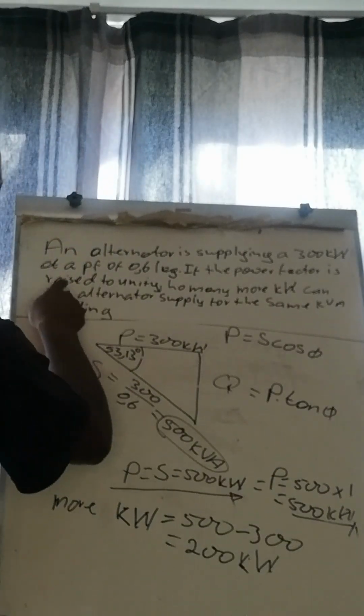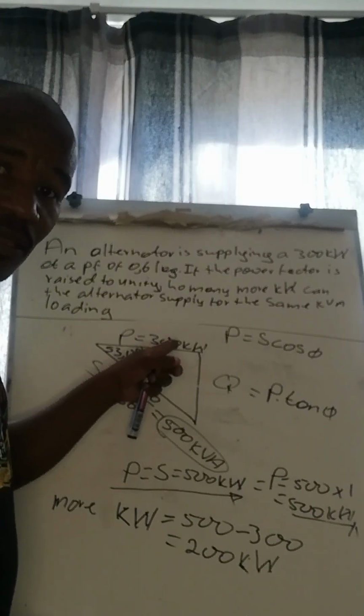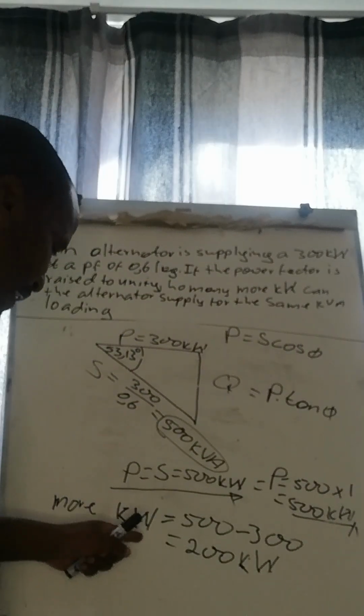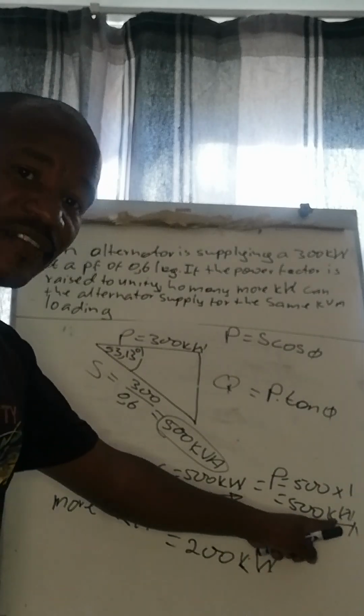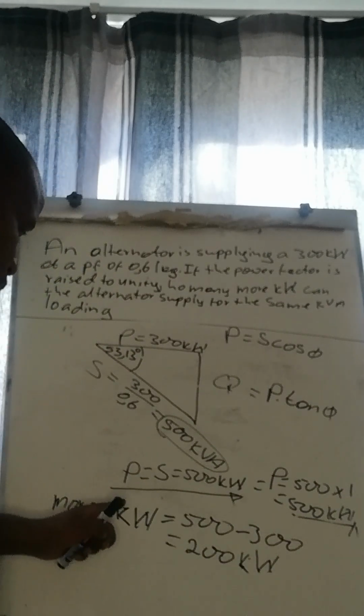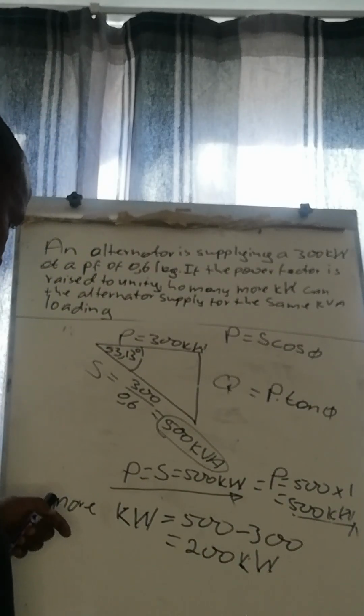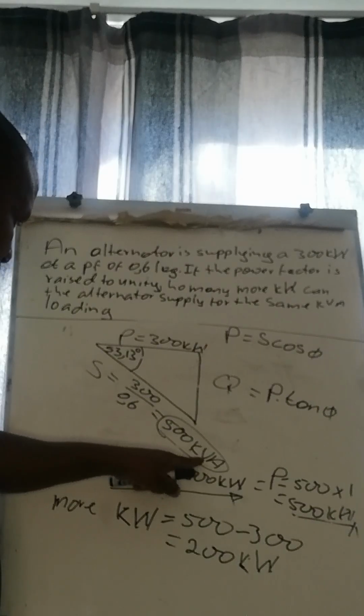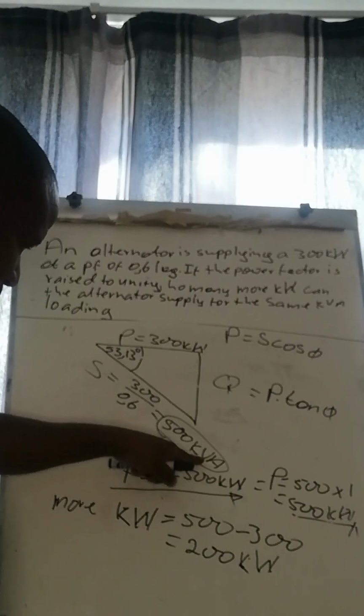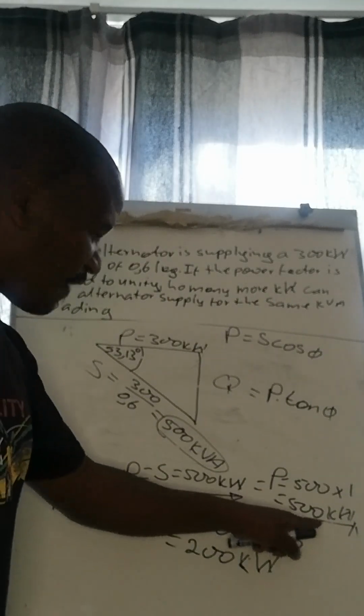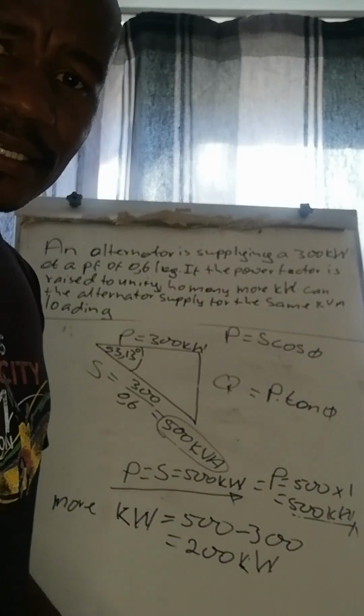But look what happened when the power factor is raised to unity. When the alternator is 500 kVA, it also produces 500 kilowatts.